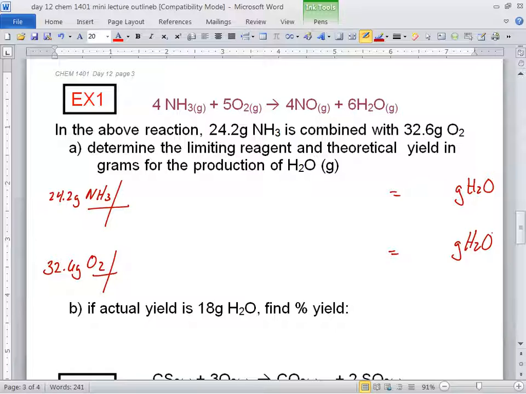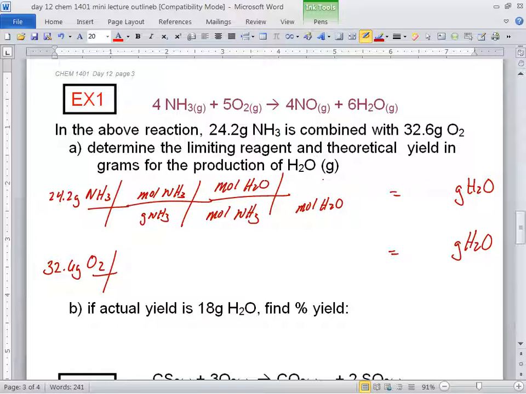So identify the limiting reagent and identify the theoretical yield. You got about 38 for the ammonia.